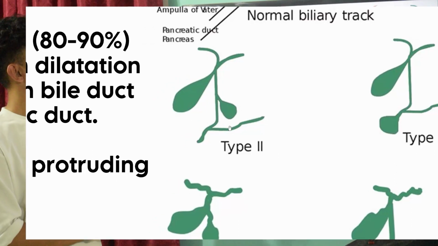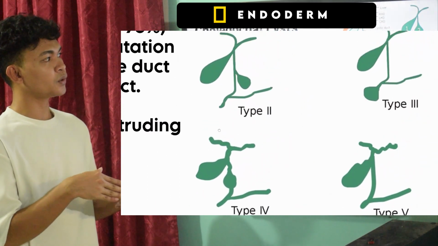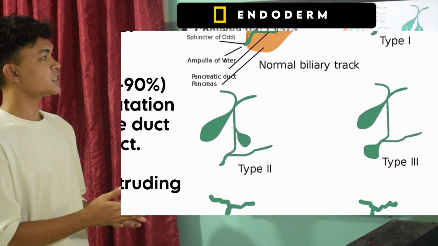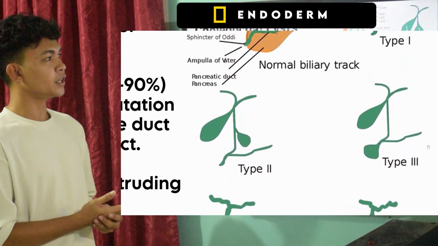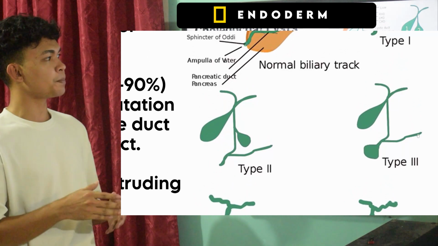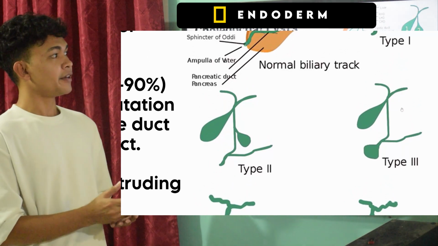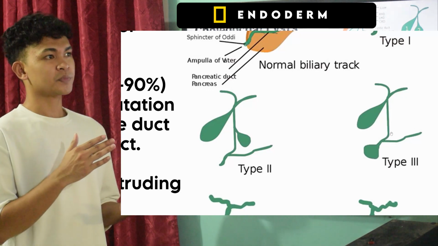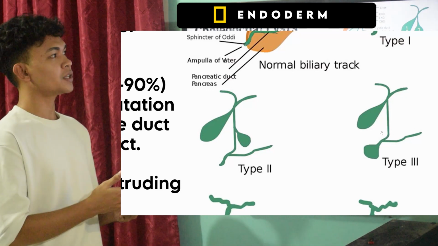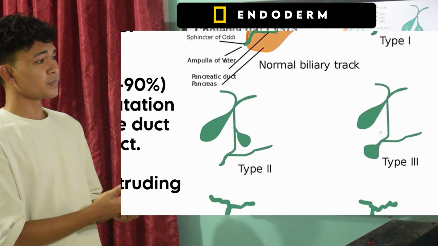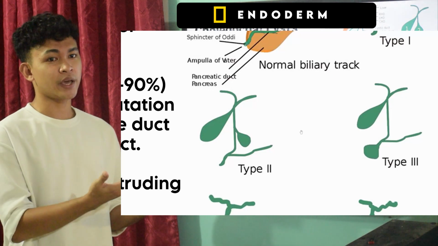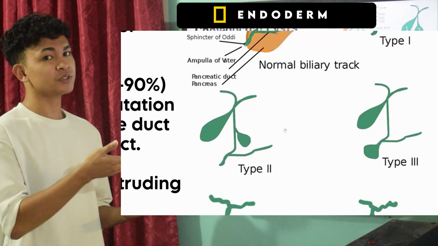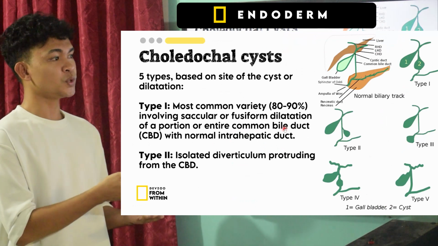So next, we have the type 3 or choledochocele. It arises from the dilatation of the duodenal portion of CBD or where the pancreatic duct meets. This type of choledochal cyst is a severe type because it blocks the pathway of the bile duct papunta doon sa duodenum.